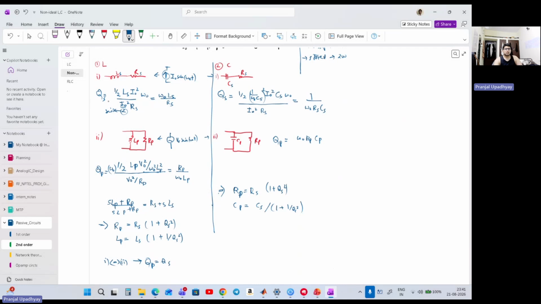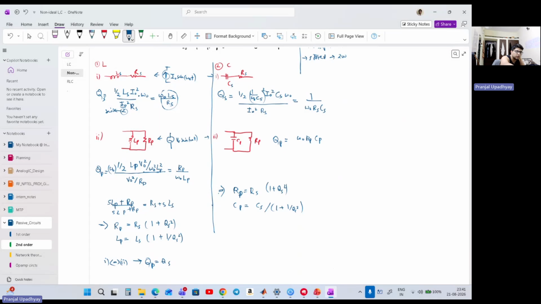Again, here the Q factor is just as we defined earlier. It is the maximum energy that the inductor could store when, for simplicity, I subjected it to a sinusoidal current input. So the max energy it could store was half times the inductor times the square of the maximum current amplitude, right? Times omega naught, which is the frequency of the input, and divided by the power it is dissipating, which is I RMS square times RS, which is I naught square by 2 times RS, and thus we arrive at this particular expression, right?